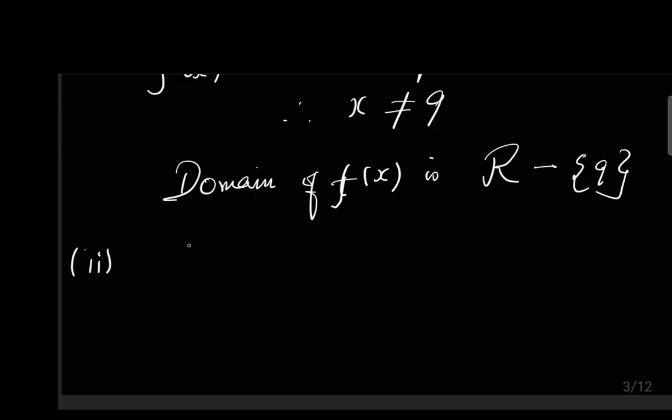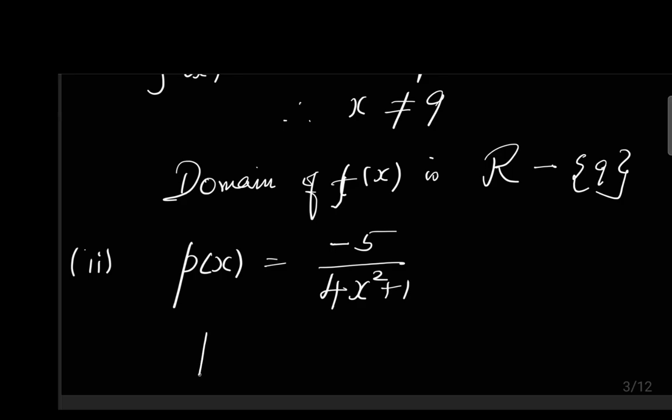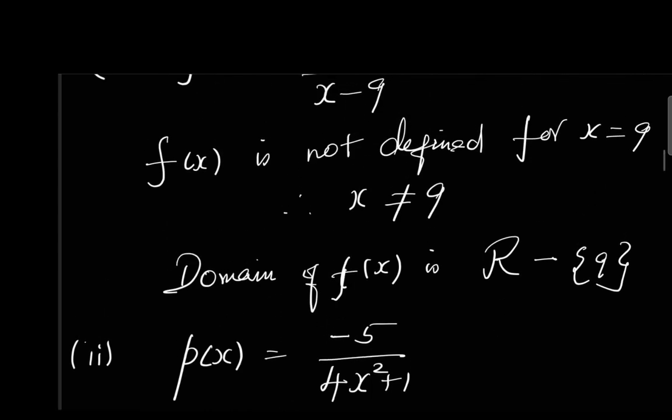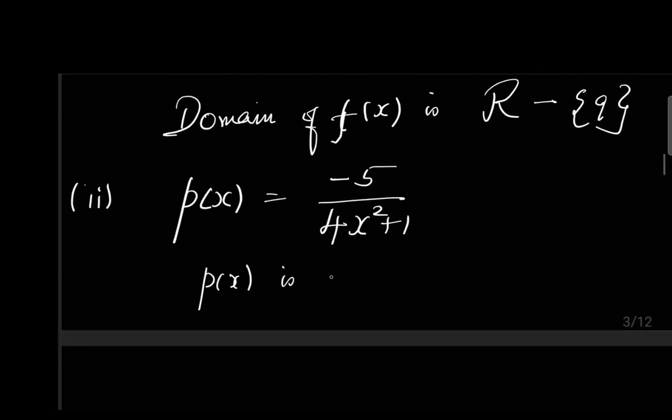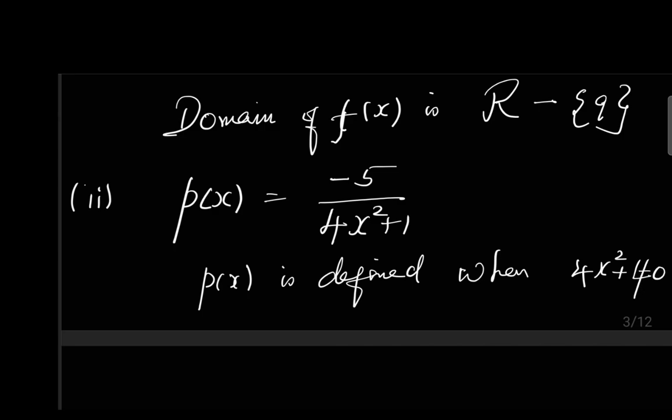See the next part. p(x) is (5 − 5)/(4x² + 1). See, again it is a fraction. The denominator should not be equal to 0. So p(x) is defined when 4x² + 1 is not equal to 0. It should not be equal to 0.